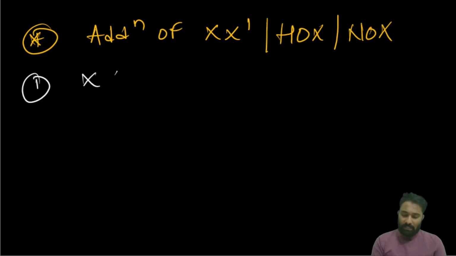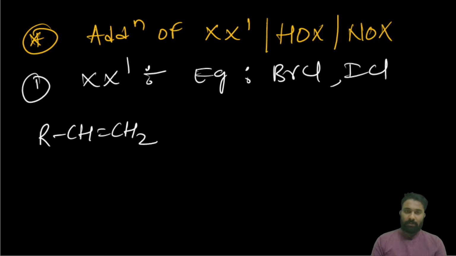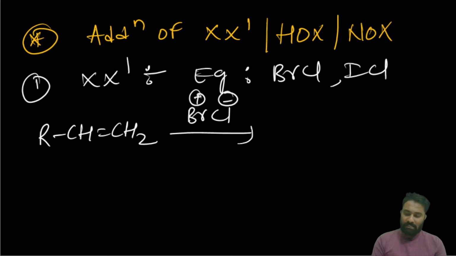First, the X–X dash type of reagent, like BrCl or ICl. Now we have to do the reaction with the alkene. Here Br will get the positive charge and Cl will get the negative charge. Now this pi bond will be readily abstracted.